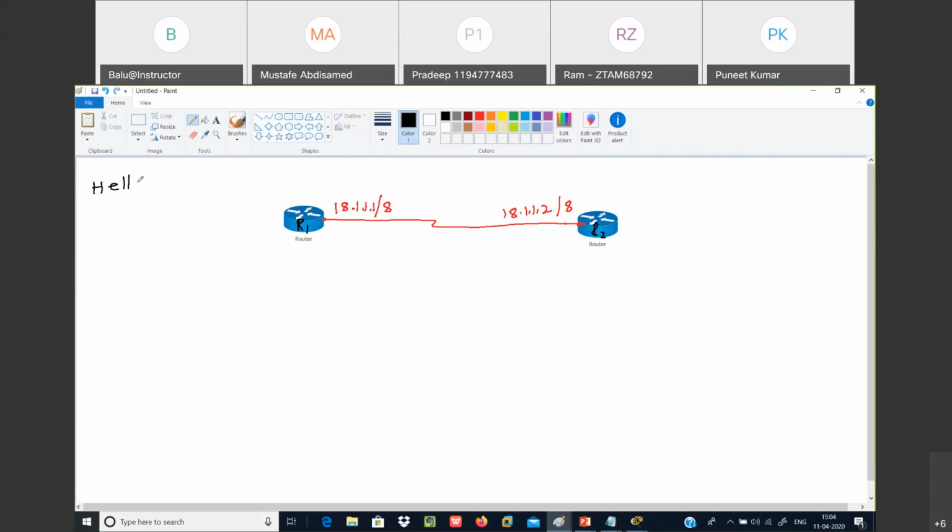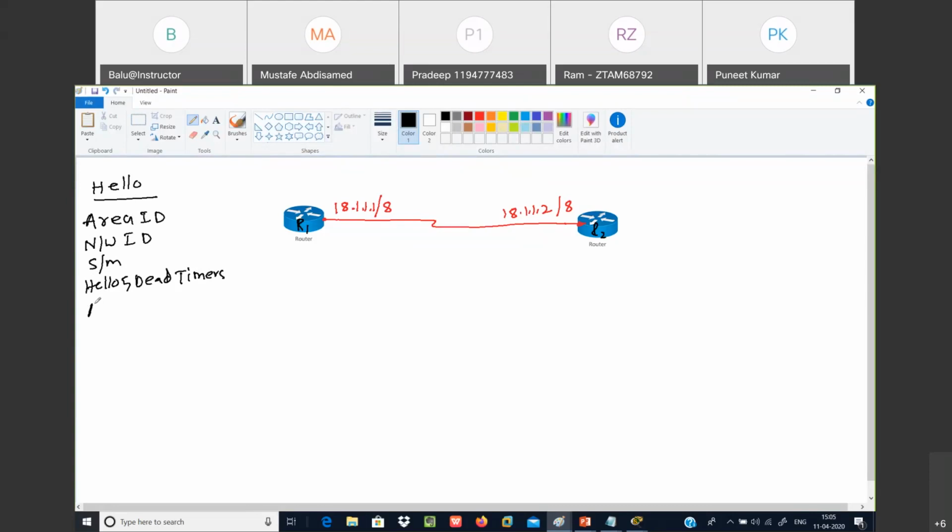The OSPF hello packet contains, first, the area ID; second, the network ID; third, the subnet mask; and fourth, the hello and dead interval timers.